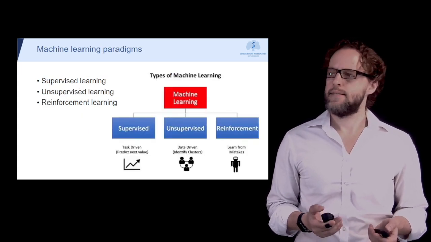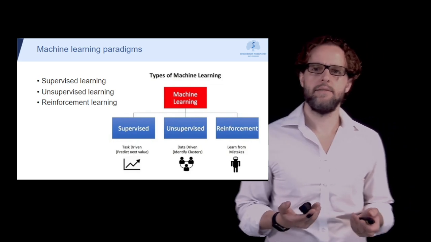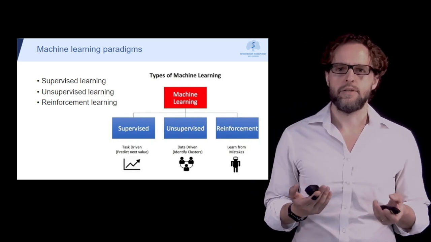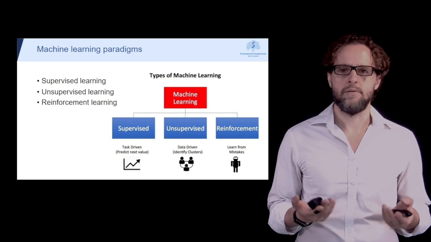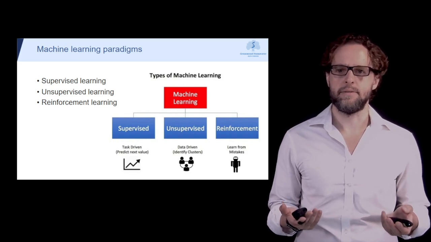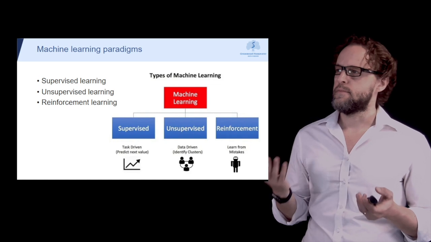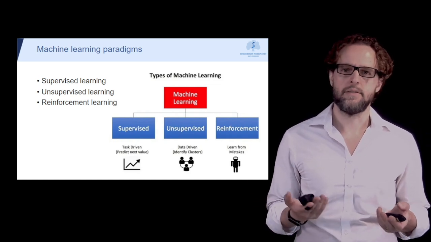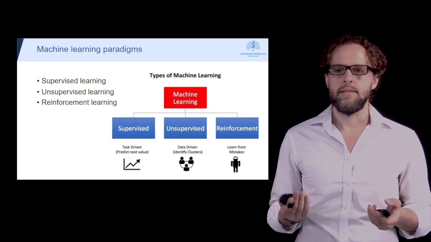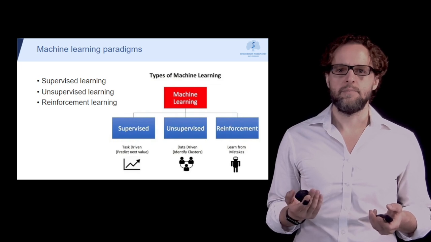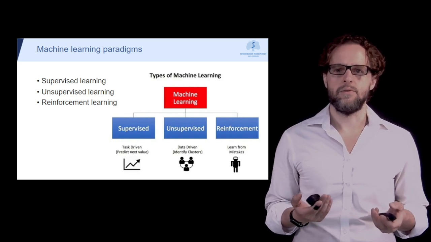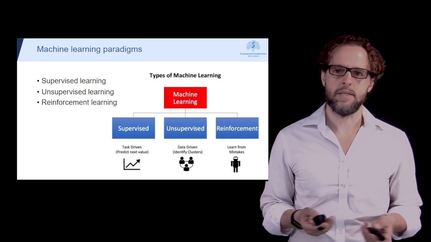And inside machine learning, we can divide, according to various criteria, three basic paradigms. They are supervised learning, a task-based learning paradigm, for example, predict a value based on known facts.